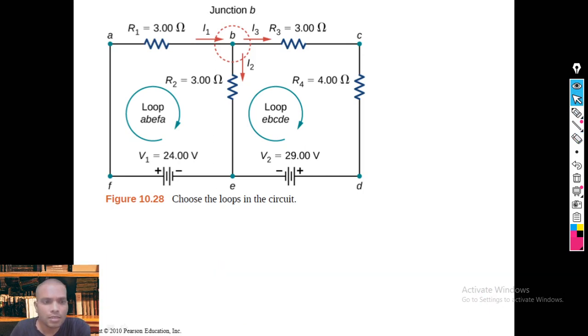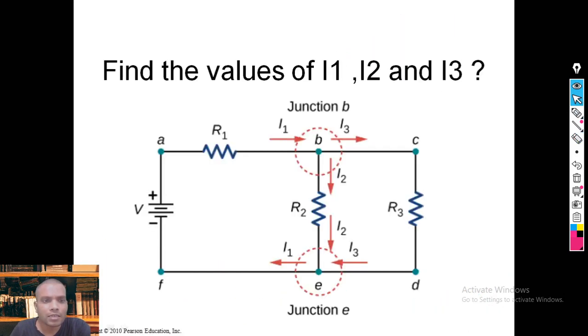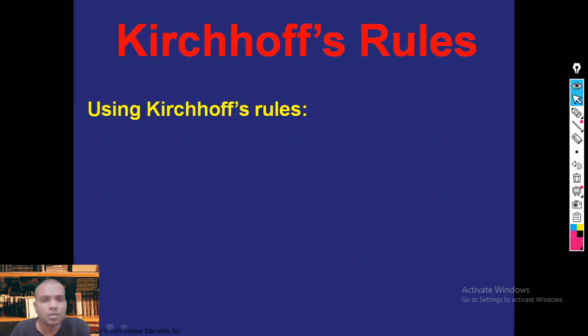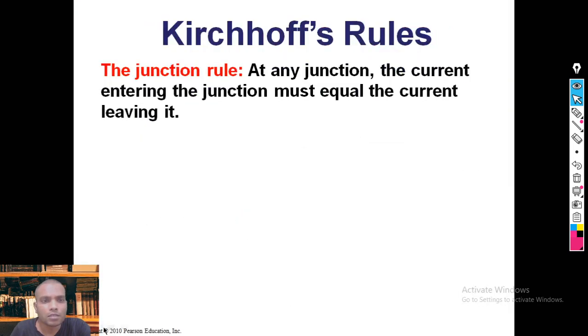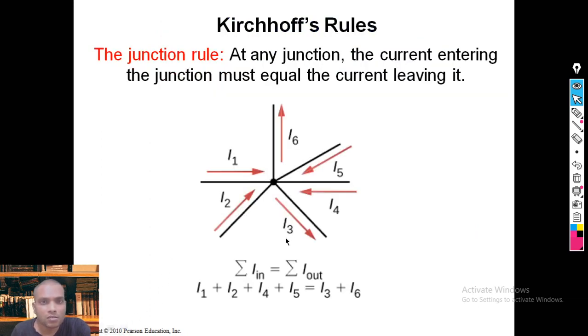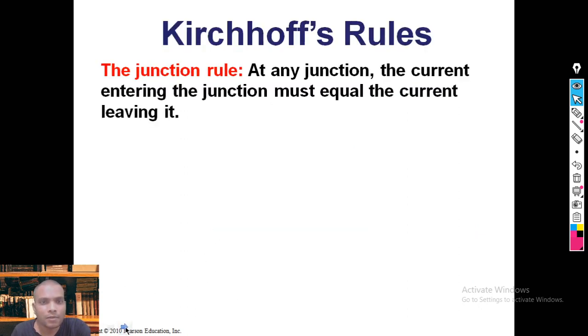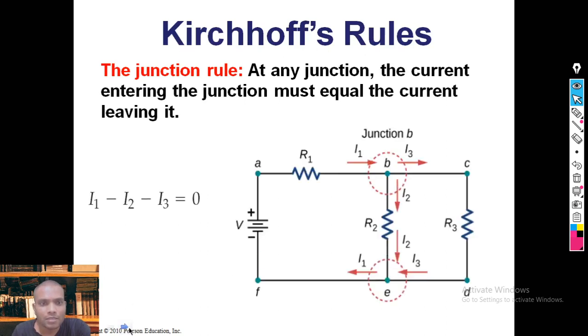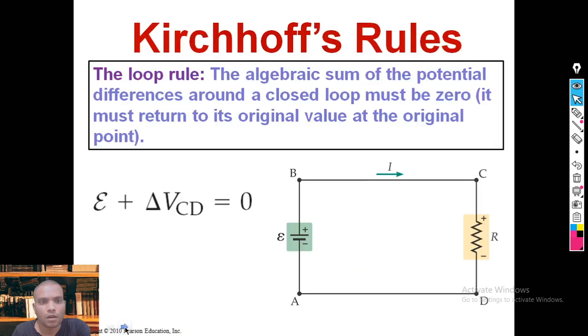The junction rule says that at any junction the current entering the junction is equal to the current leaving, or you can remember it like this: the algebraic sum of the currents at a given junction is equal to 0. And the loop rule says that the algebraic sum of the potential differences around a closed loop must be 0. We will solve certain example problems for better understanding.